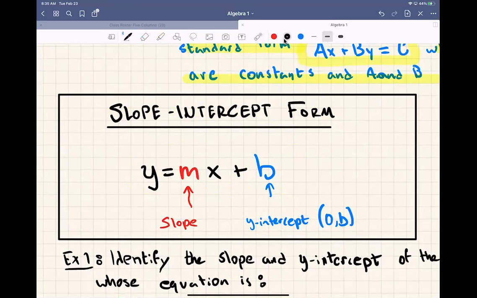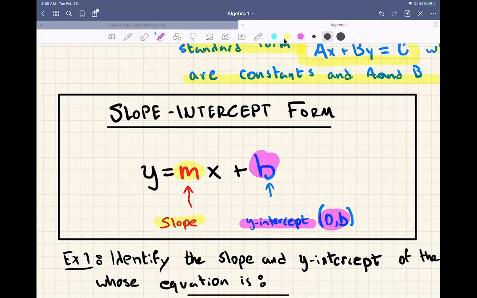This m represents the slope, and this b represents the y value of the y-intercept. If you don't know what a y-intercept is, make sure you watch our review video that explains y-intercept, x-intercept, all that good stuff.